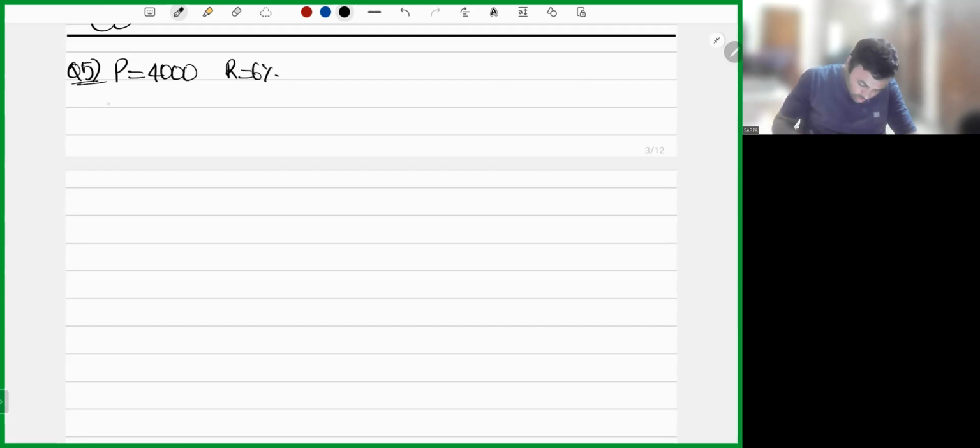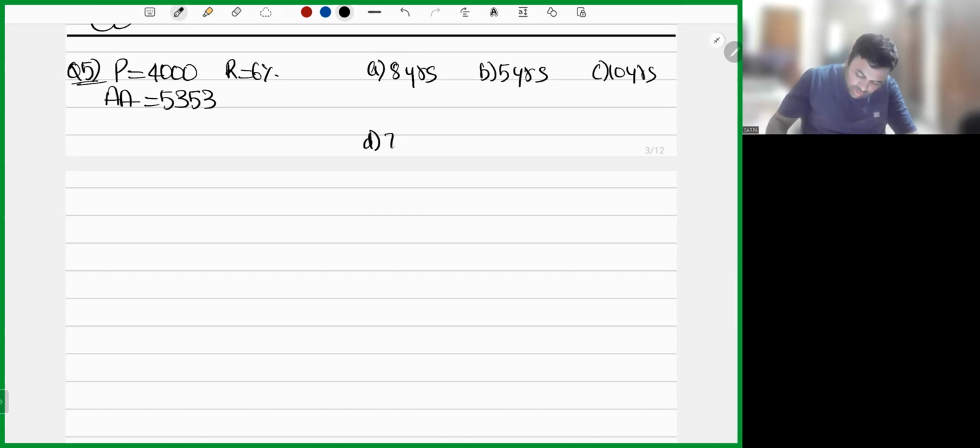If it yields an accumulated amount of 5353. Now, I'm having 4 options. Option A is 8 years. Option B is 5 years. Option C, 10 years. Option D, 7 years.